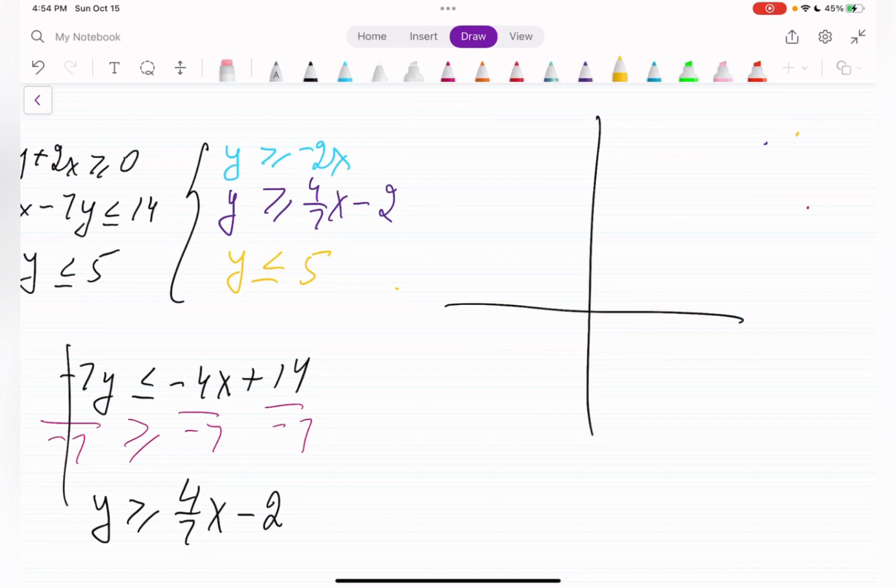So, first one, light blue. Since I have only negative 2x, I don't have an intercept, so it's going to be 0. I'm starting with 0, and the slope is negative 2 over 1, or 2 over negative 1. Doesn't matter which way. So from 0, I'm going to go up 2, and then go negative 1.